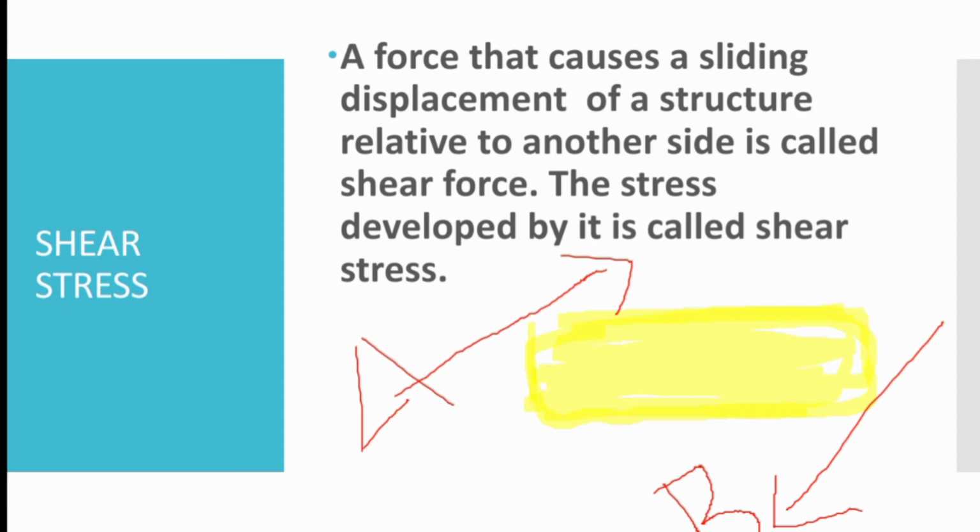Here it is directed in this direction. They are opposite to each other but they are parallel to each other also. Now these forces are applied to the table. The stress that is developed in the table is called shear stress. A force that causes a sliding displacement of one side of the structure relative to another is called shear force. The stress developed by it is called shear stress.